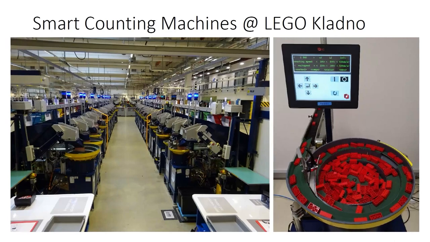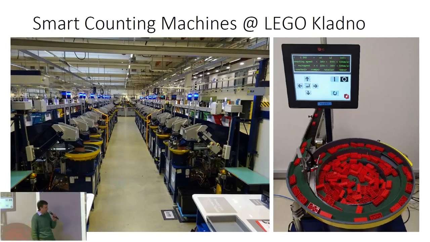And this presentation is about packing the Lego bricks into these plastic bags. So here is the example of one of the production lines, one of the setups that are used for this kind of packing.